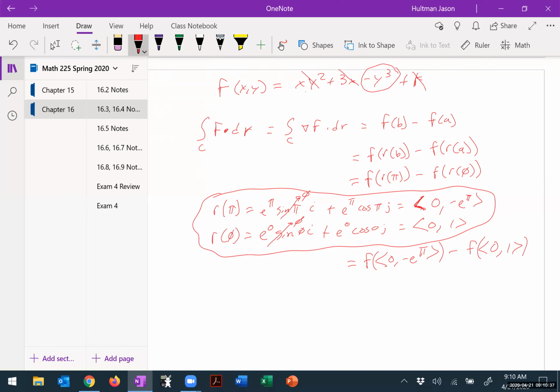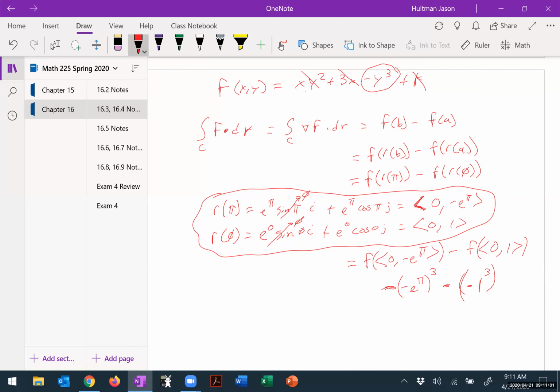We're going to get the negative of a negative e pi cubed, right? Minus the negative of 1, okay, just plug in the y values, 1 cubed.